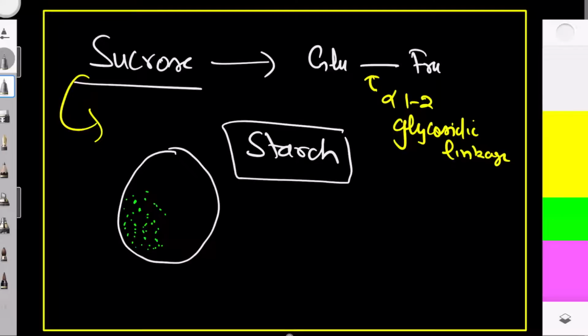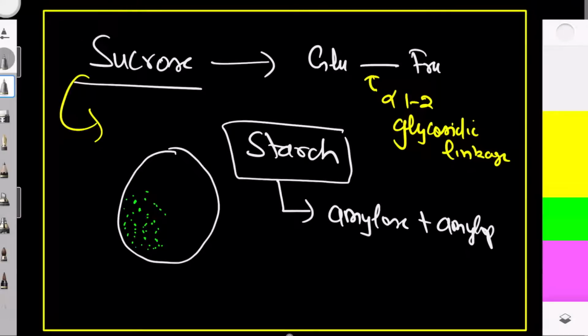And hopefully you remember that starch is going to have two units. One is amylose, another is amylopectin. Now try to see, this amylose is going to have sugar molecules joined together, but here you are not going to see any branching.